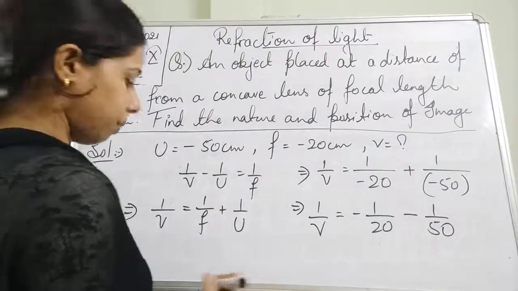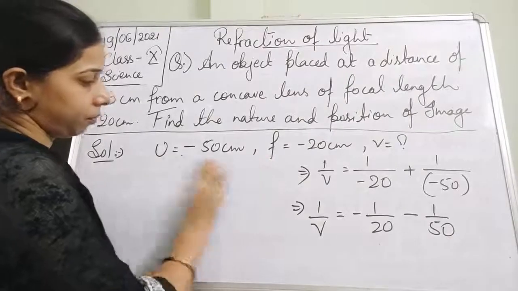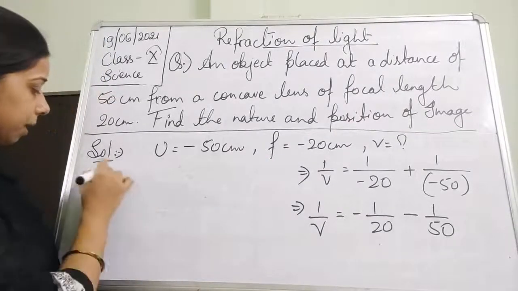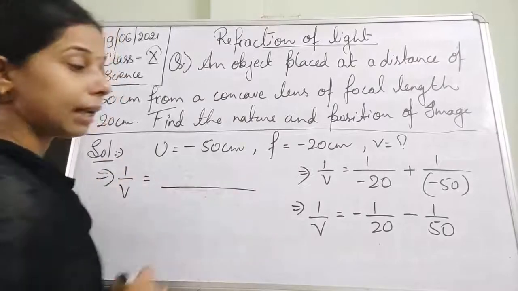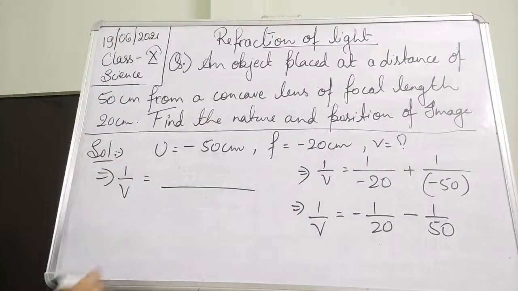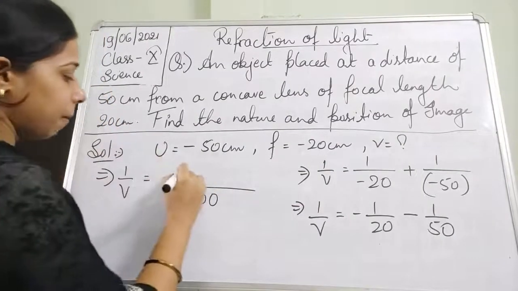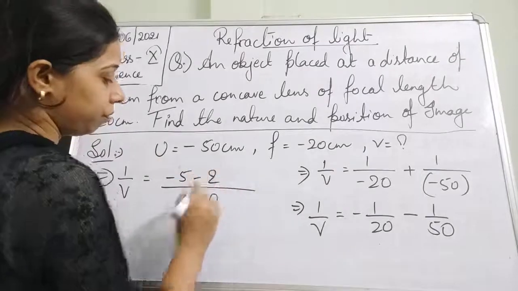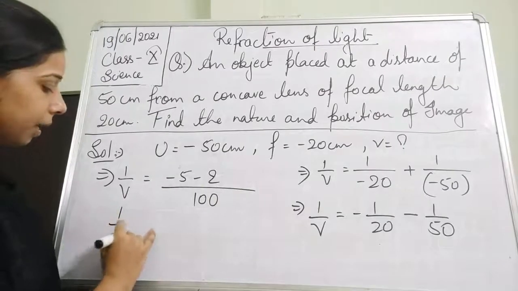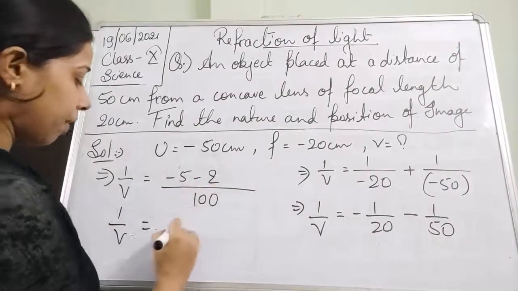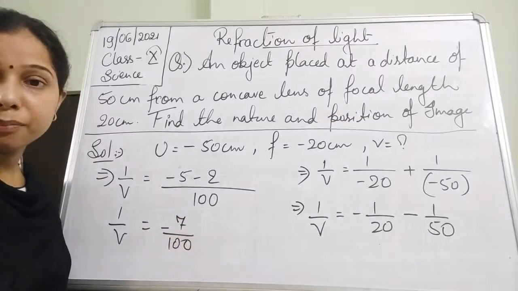Now we take the LCM, which is 100, and it becomes minus 5 minus 2, that is minus 7, so 1 by v equals minus 7 upon 100.